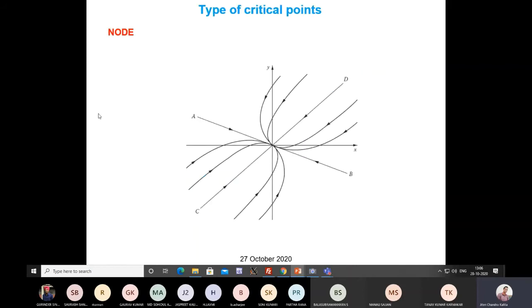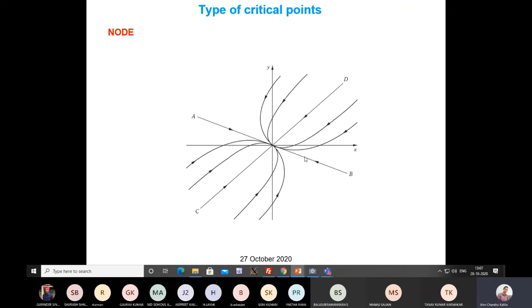Here, see, a node is something like that. This is called a converging node or a stable node. Everything is converging towards the critical point 0. You can have straight lines, you can have curved lines, but they are all going to converge or diverge towards that critical point.